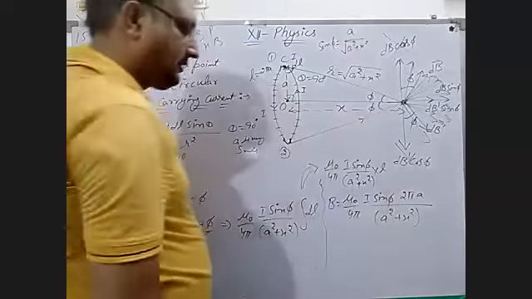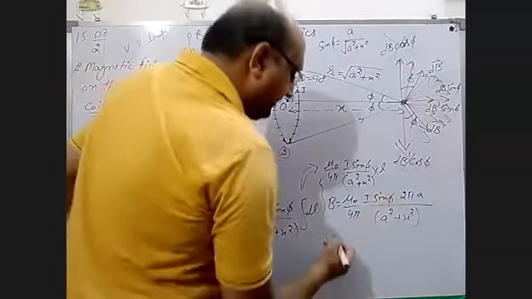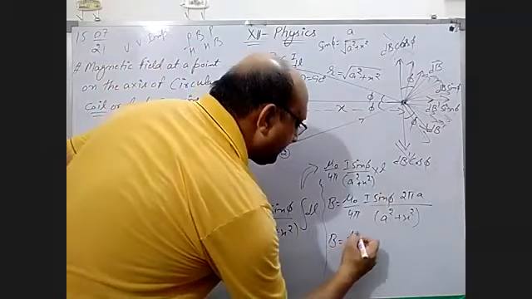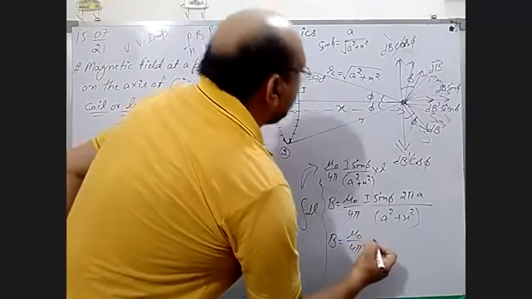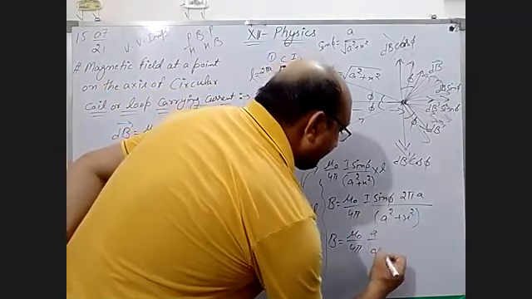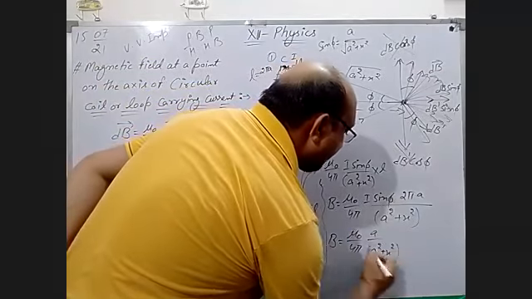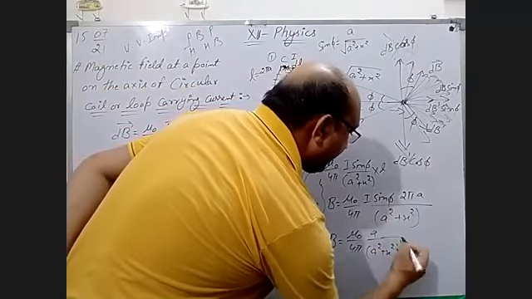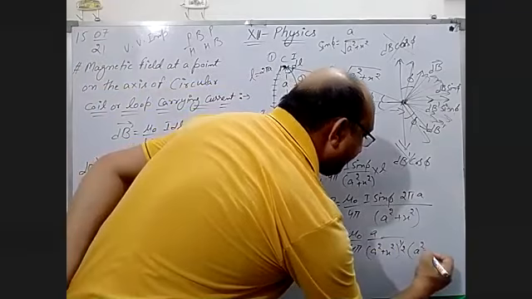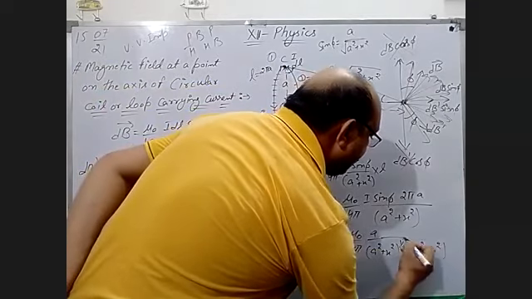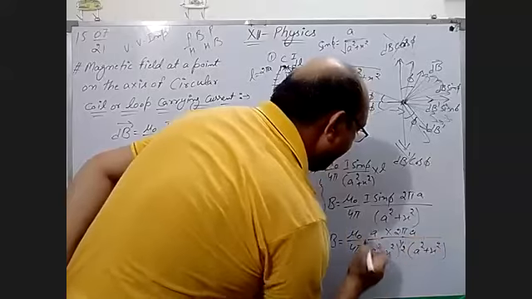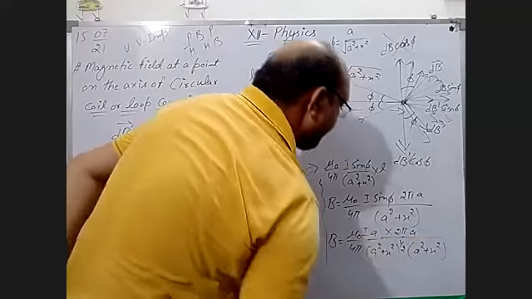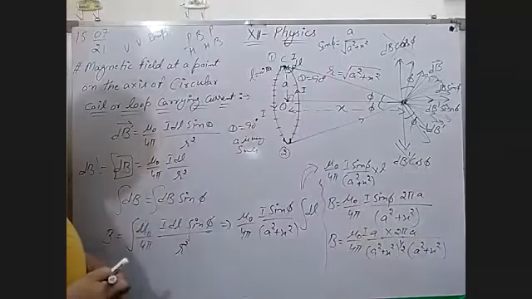Now put this value here. B is equal to mu naught upon 4 pi, a upon a square plus x square power 1 by 2. We can write under root in this way, a square plus x square, and the term 2 pi a. I is also there.